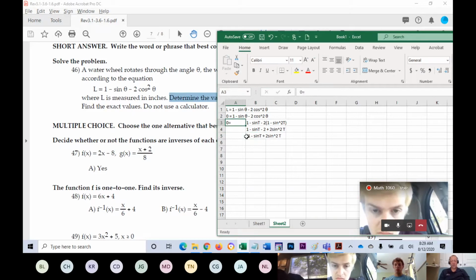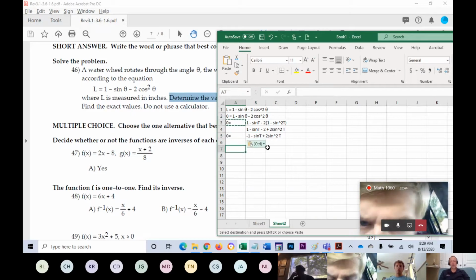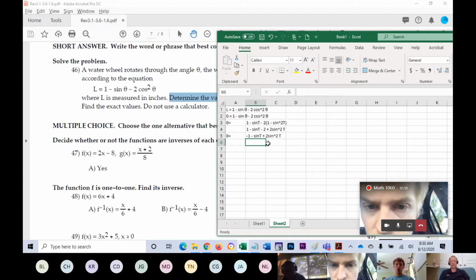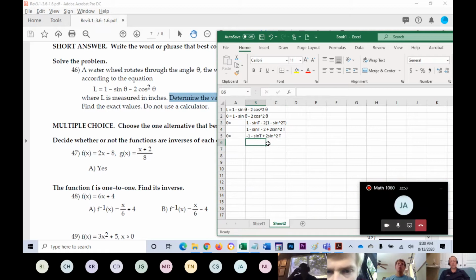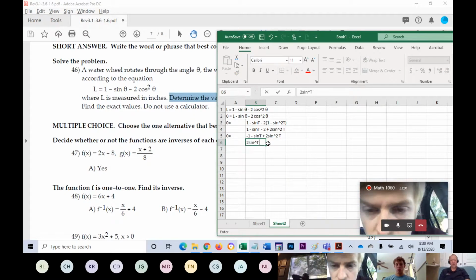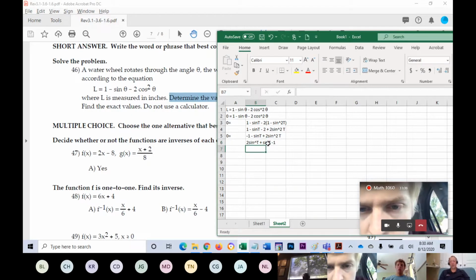I still got my 0 equals. Okay, now can I factor this? Or maybe I should rewrite it this way. This might make it easier to factor: 2 sine squared theta minus sine of theta minus 1. All I did was rearrange the order.